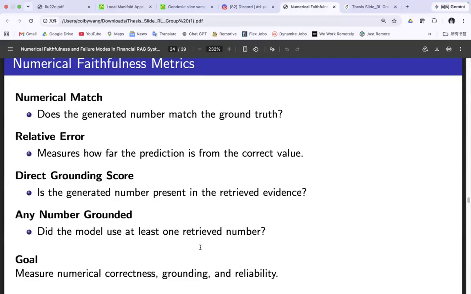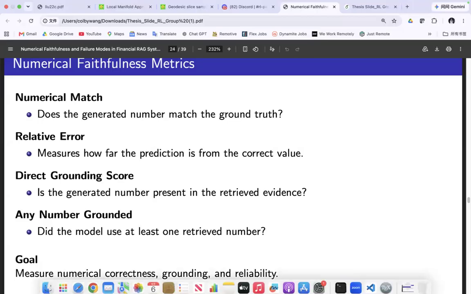And numerical faithfulness metrics are the metrics we propose. The first one is the numerical match, which says whether the generated number matches the ground truth. Relative error measures how far the prediction is from the correct value. Direct grounding score means whether the generated number is present in the retrieved evidence. The model will generate an answer that potentially contains many numbers because we want to be able to see the reasoning process.